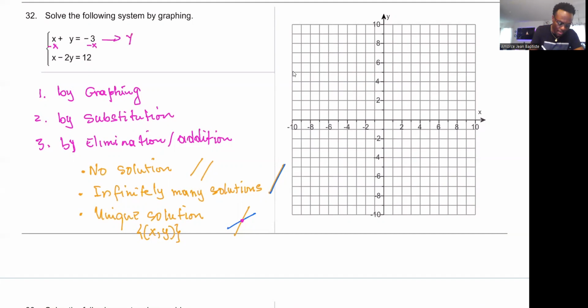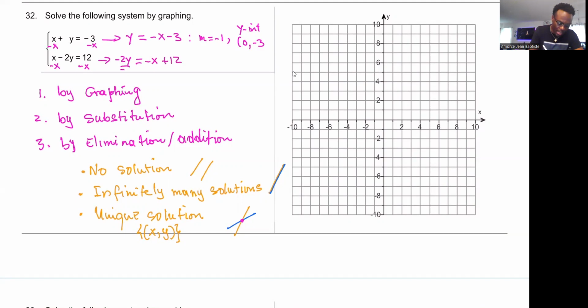We get y equals negative x minus 3, which is slope equals -1 and y-intercept equals (0, -3).